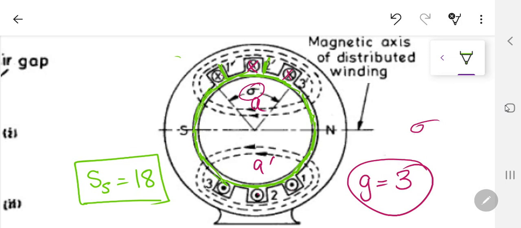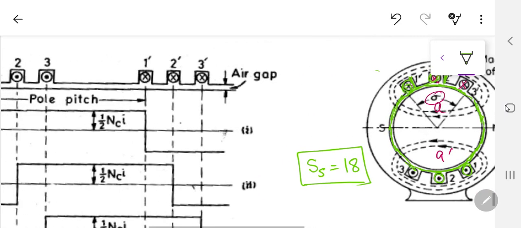What this tells you is that the MMF produced by 1 dash and 1, and the flux produced by 2 and 2 dash, are going to be displaced by 20 degrees in space. This is very important.